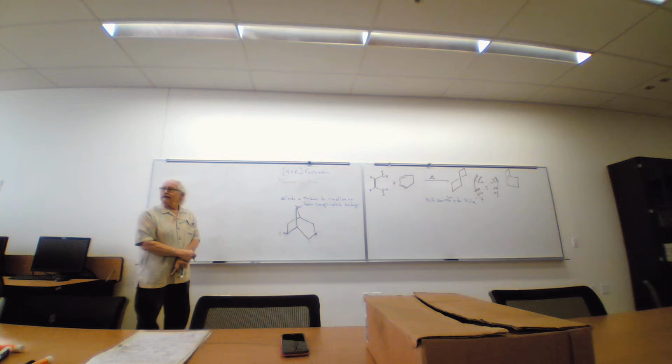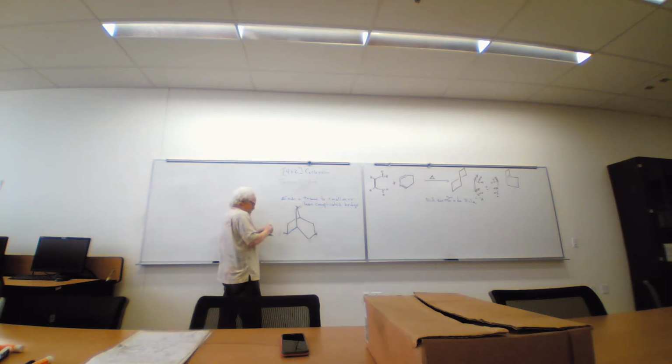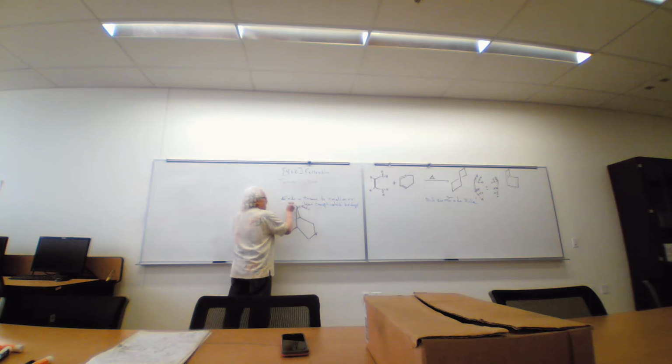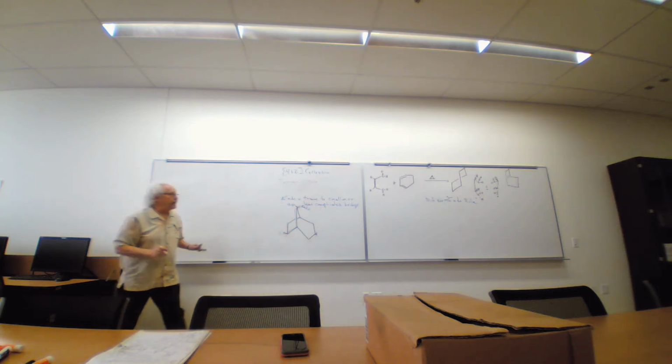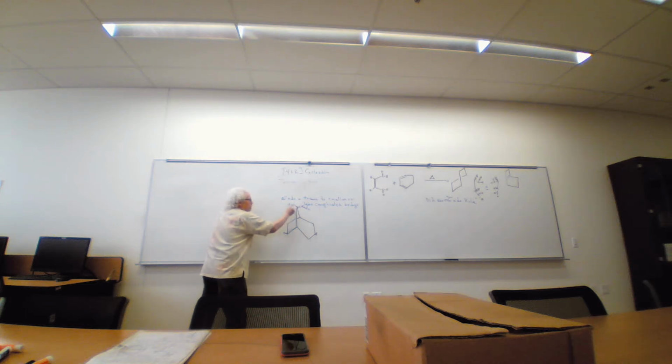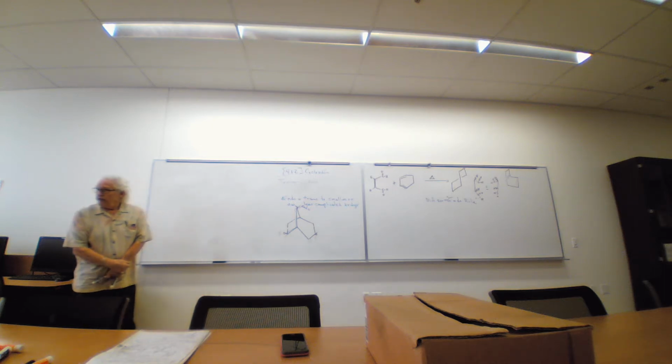That's trans, isn't it? But notice, this is cis, this is trans. So this must be endo, and this is exo. So exo is cis to the less complicated bridge. But we're endo. Okay?